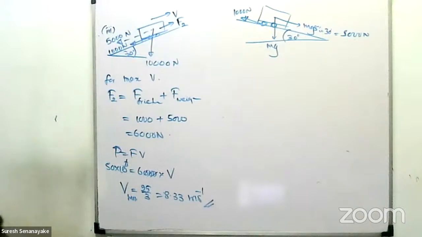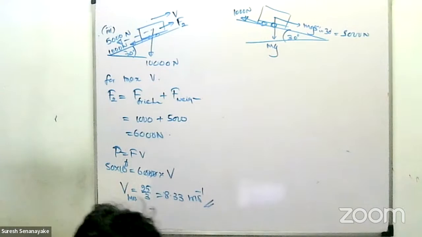Therefore the vehicle moves down without the aid of the engine force, right? So we cannot determine the maximum velocity it achieves in this case, because its velocity will always increase. The force is always downward, it means it accelerates, so it can accelerate downward.